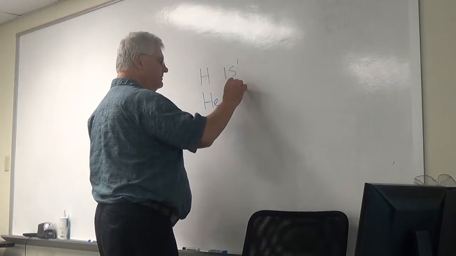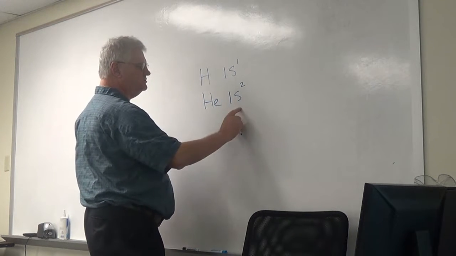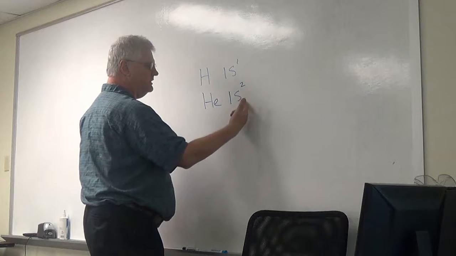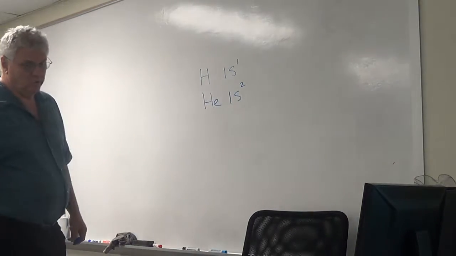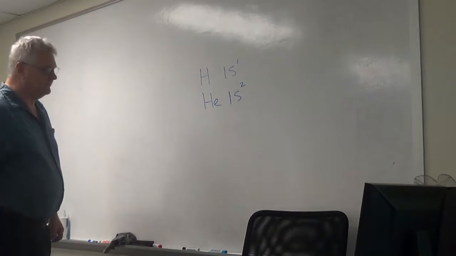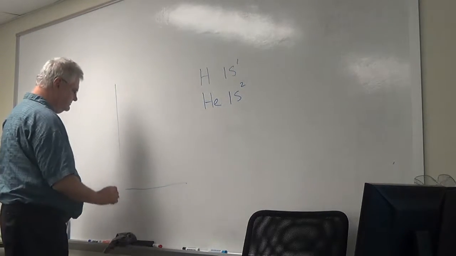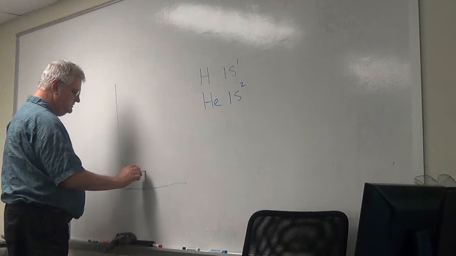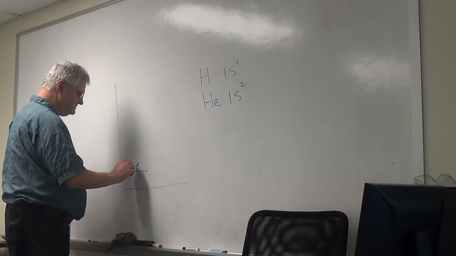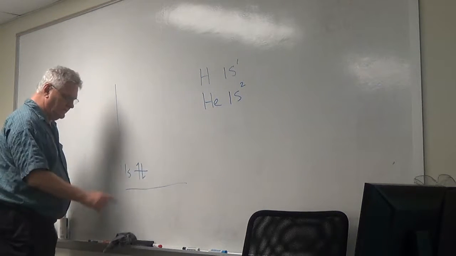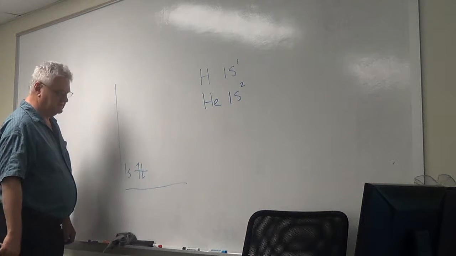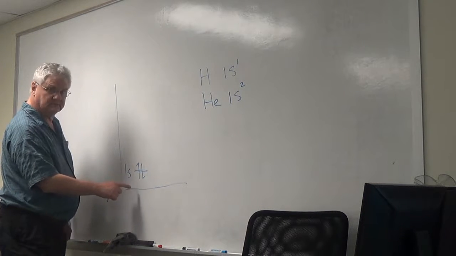So the electron configuration is 1s2. There's 2 electrons in the 1s orbital, and we just know they have opposite spin. If we're doing it on an energy diagram, here's our 1s orbital. Sometimes the chemists do it like this. They're just emphasizing that the electrons have opposite spin when they write it like this. Okay?